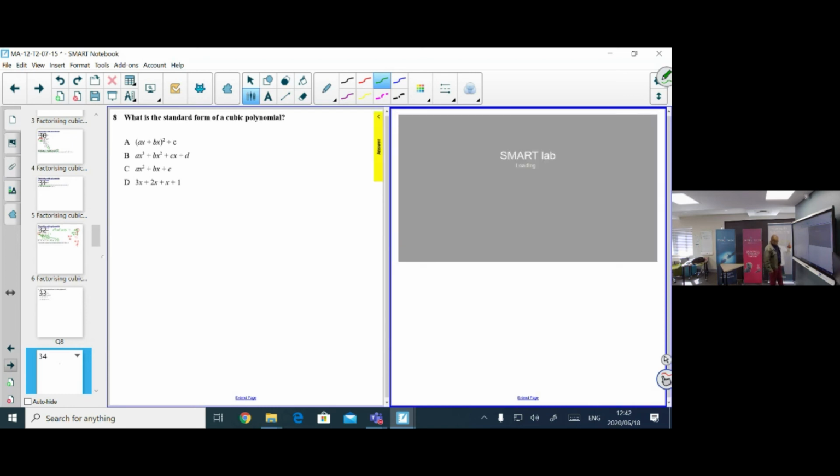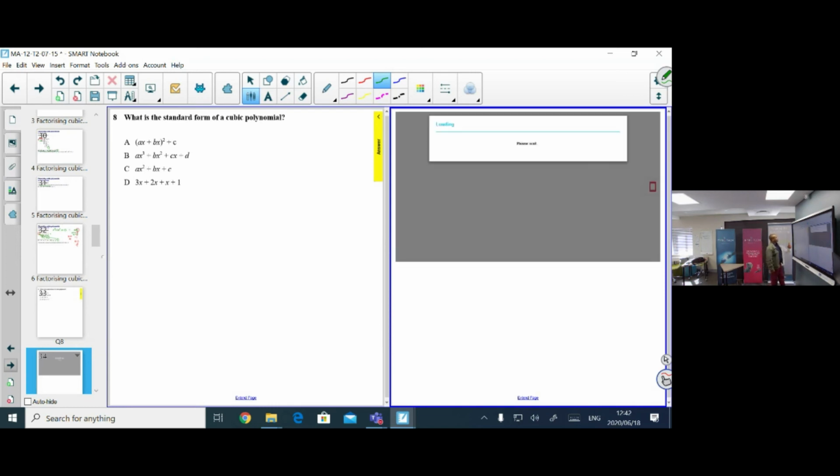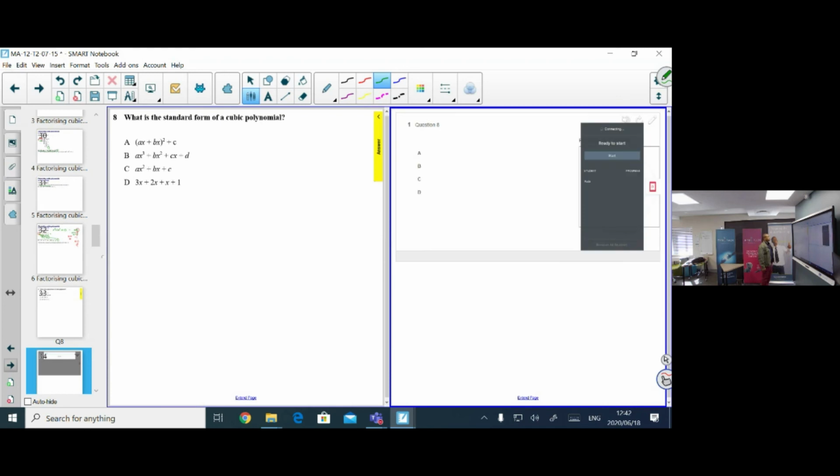And those who are using devices, I'm sure you should be able to see the questions as they come in your assessment, as long as you are at Hello Smart. So what is the standard form of a cubic polynomial?